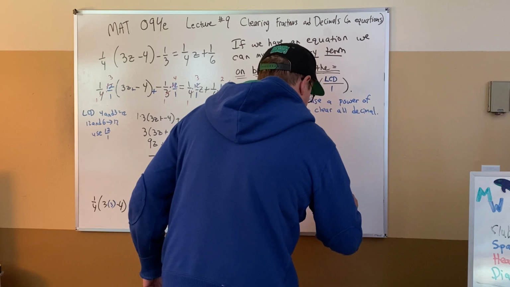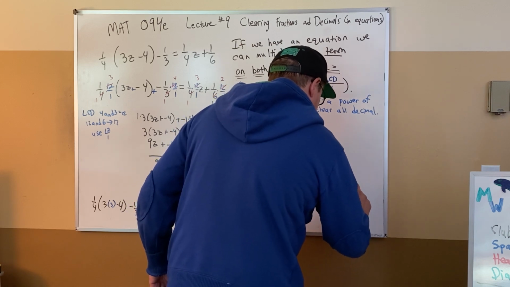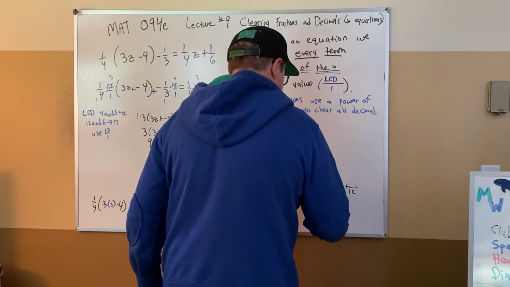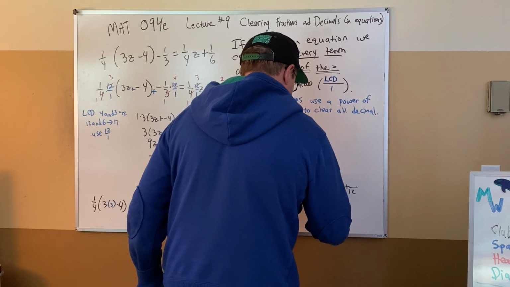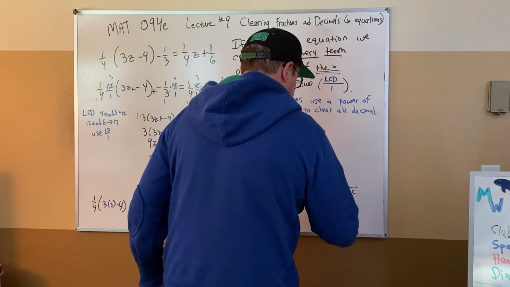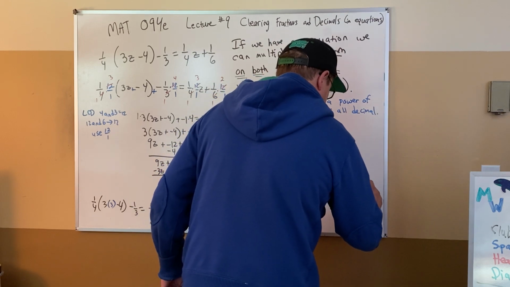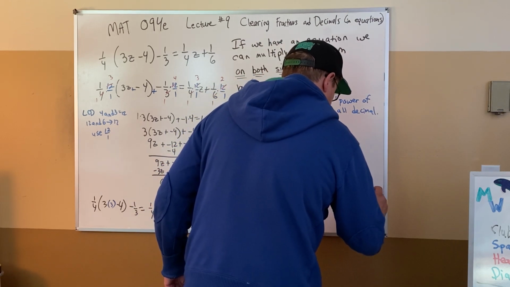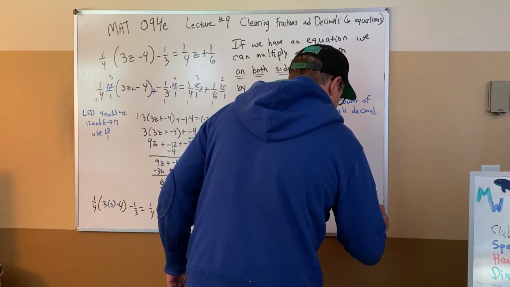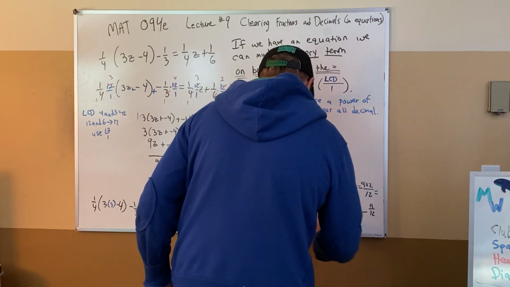Now they each need to be over 12. 12 divided by 4 is 3, gets me 9. 12 divided by 6 is 2, gets me 2. 9 plus 2 over 12, 11 over 12. And it worked.